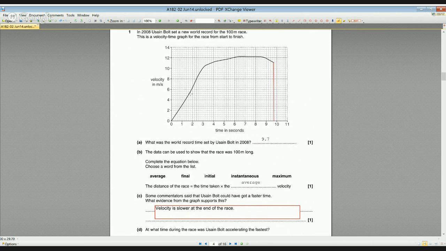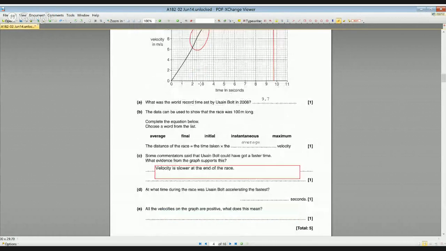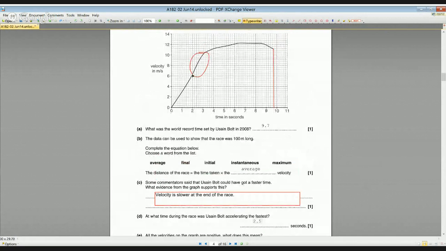You see it's increasing fairly sharply in the first couple of seconds, but then the line takes a sharper turn in this region here. So we need to give a number somewhere between 2 and about 2.8. So let's say 2.5 seconds, because that would be enough to get the mark. OCR allowed anything between 2 and 2.8.